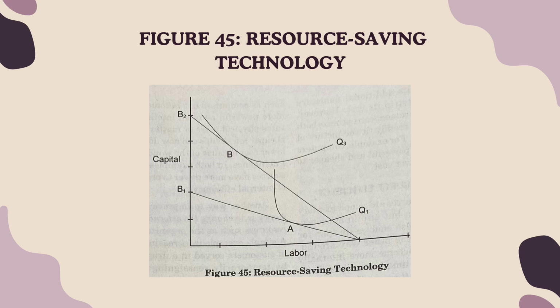Maintaining the combination at point A with more efficient and cheaper capital requires a smaller budget below isocost curve B2, at a smaller capacity. But the optimum resource combination is now at point B despite the same budget at B2, with cheaper and more efficient capital exchanged for labor to increase capacity to Q3.